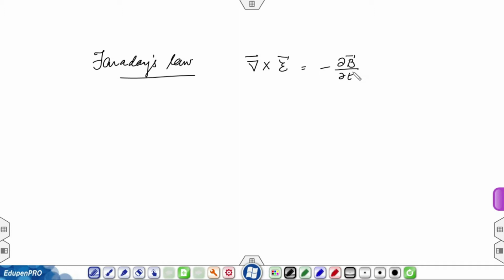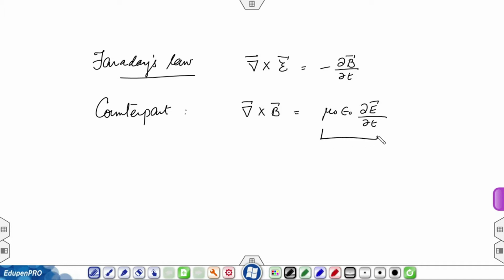There is a counterpart of this: a changing electric field also gives a magnetic field, and this term is known as the displacement current, and this is going to be our topic of discussion in this lecture.